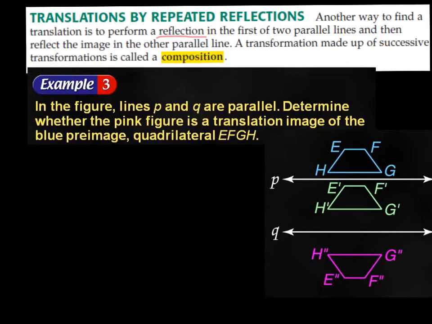So first, because this has 1 tick mark, we're supposed to reflect the blue over P. And so if it were reflected, it should be like that. So this is going to be a no, because it's not a reflection. The second, the purplish violet, is a reflection of the green, but they'd have to both be reflections. So not a reflection.